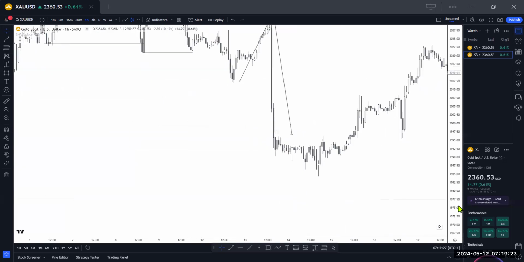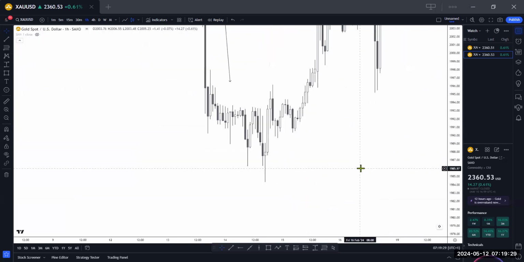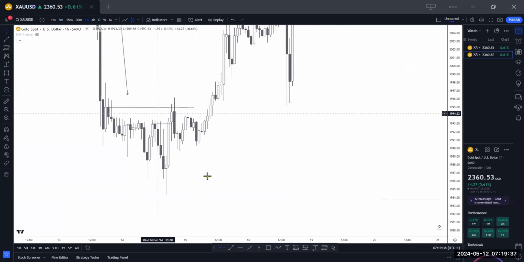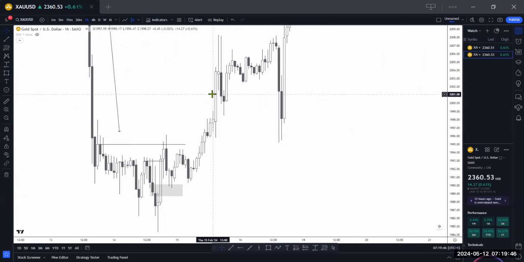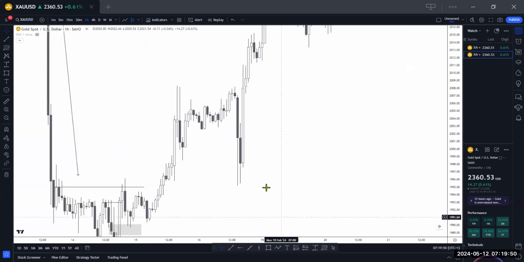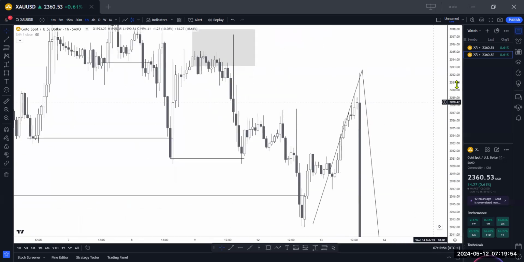So on H1, it's your first break, second break, pull back, your entry. First break, second break, pull back, entry. All right. Let's take one more example.